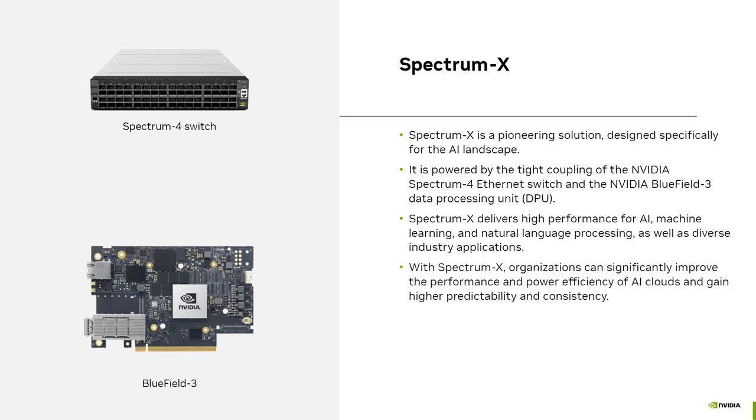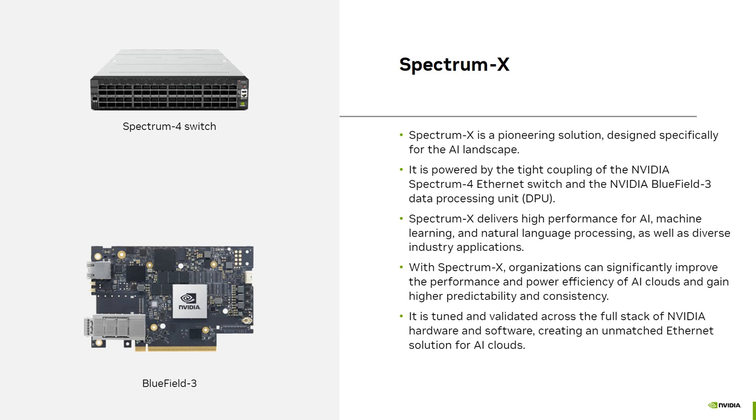Spectrum-X empowers organizations to elevate AI cloud performance, enhance power efficiency, and achieve superior predictability and consistency. Crucially, it undergoes rigorous tuning and validation across the entire NVIDIA hardware and software stack, ensuring an unparalleled Ethernet solution for AI clouds.